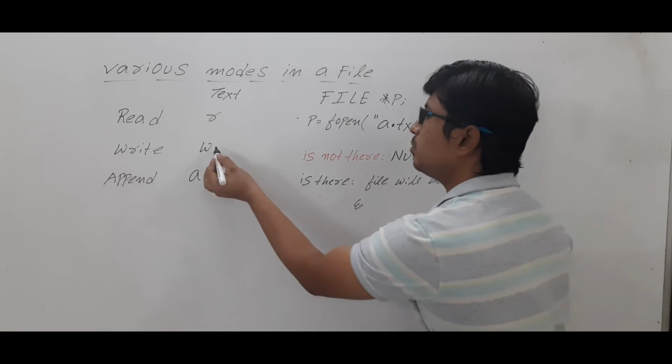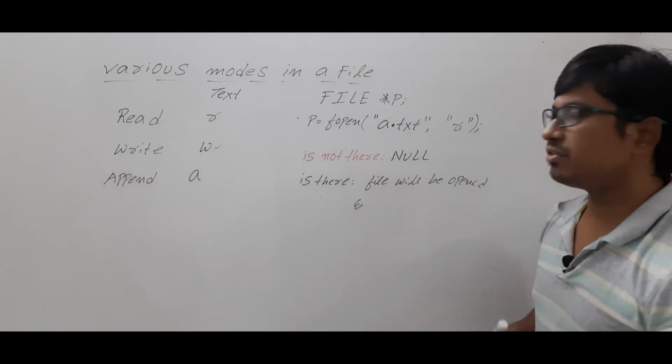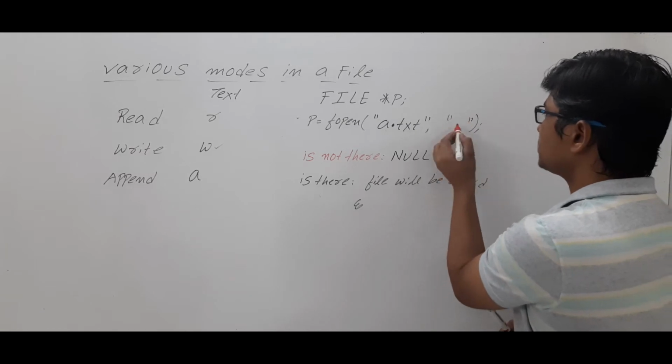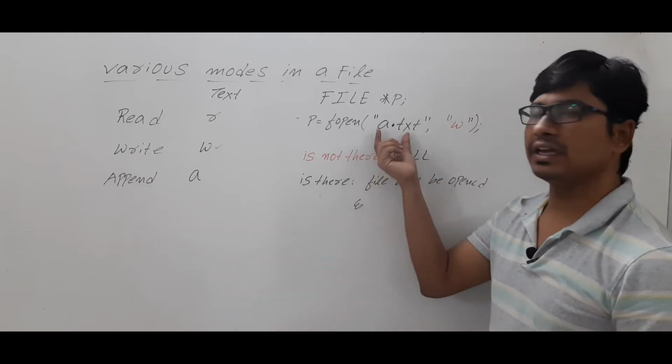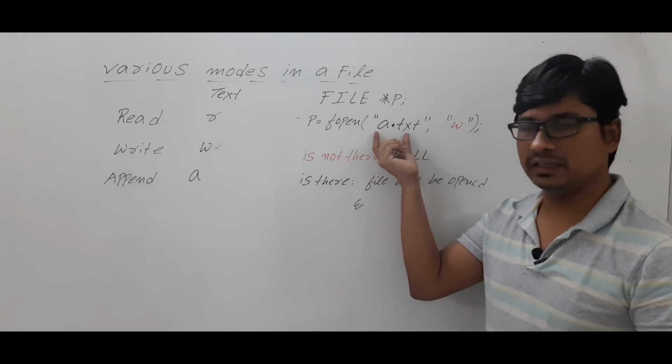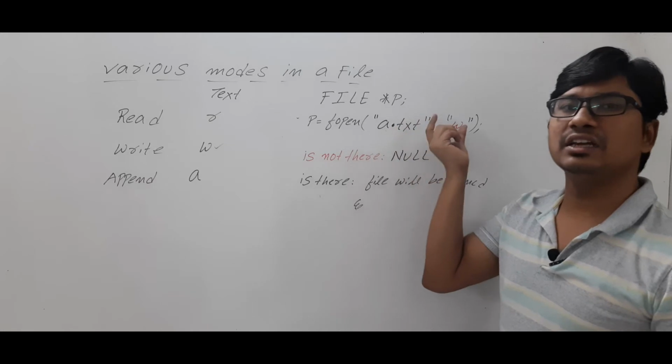Now let me talk about the write mode. If you want to open a file in the write mode, you have to specify it here as w. Now look here, whatever the file you want to write, a.txt. You want to write the information into the file.